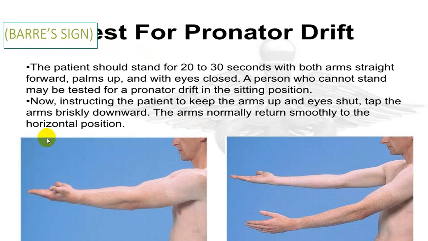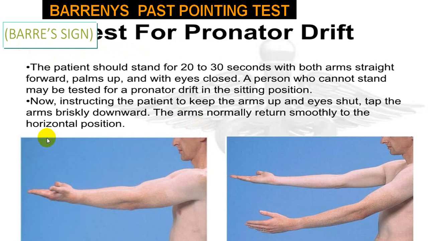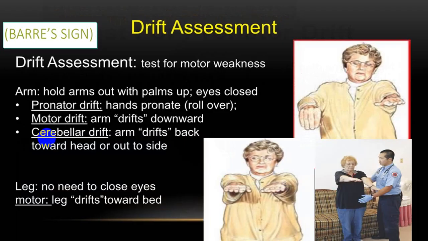It is called Barany's past pointing test, or it is also called drift, pronator drift. If you ask the person to keep the arm straight like this, there will be drifting of the affected arm, on the side of the cerebellar disorder.